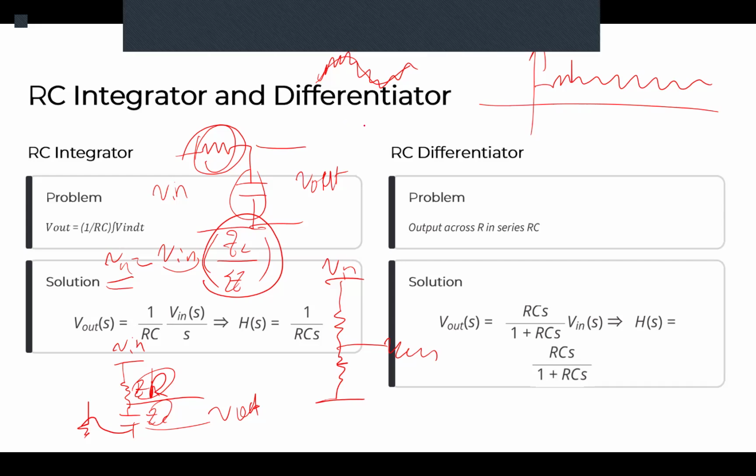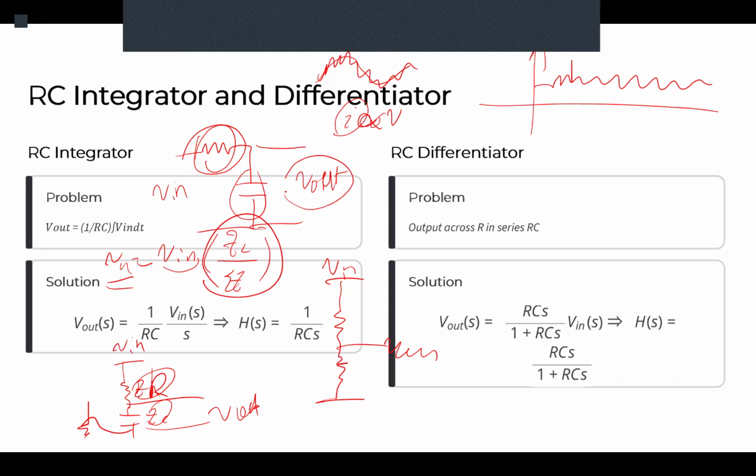So I is proportional to V with a constant coefficient. So the differential of I is going to be again proportional to the differential of V. Are we good?